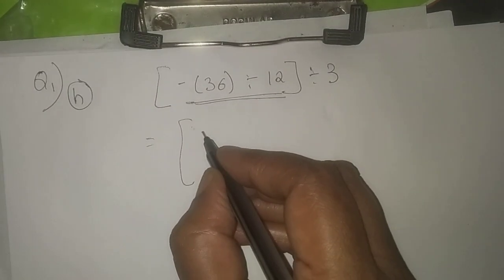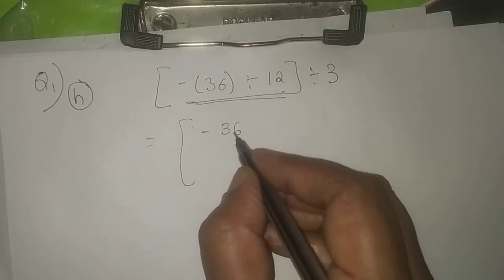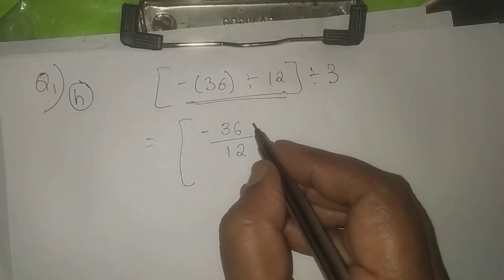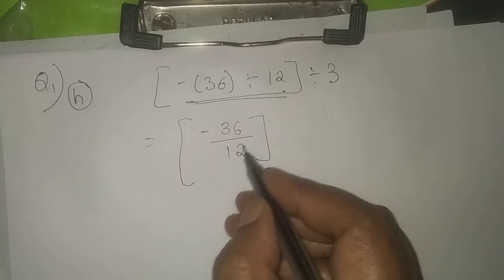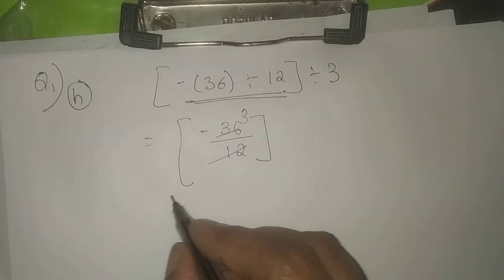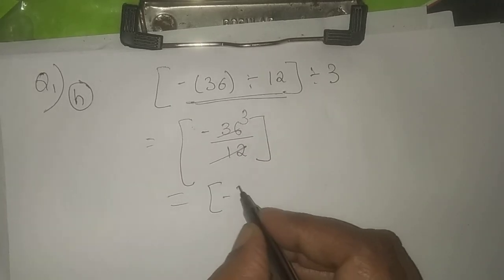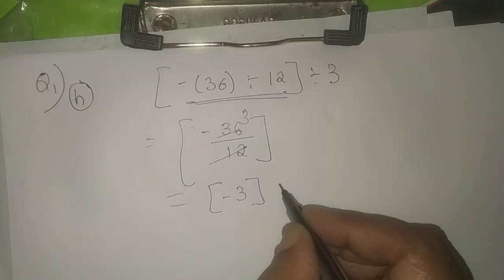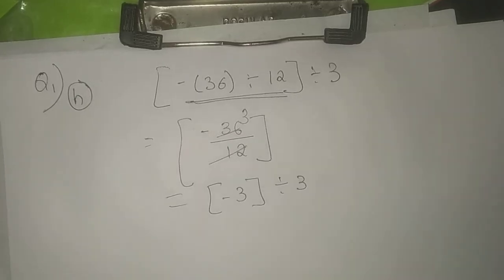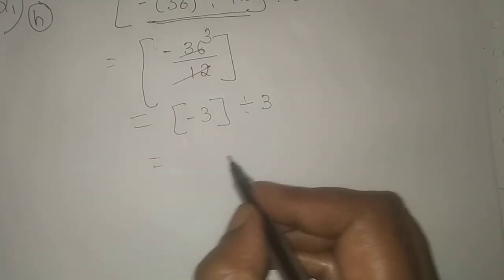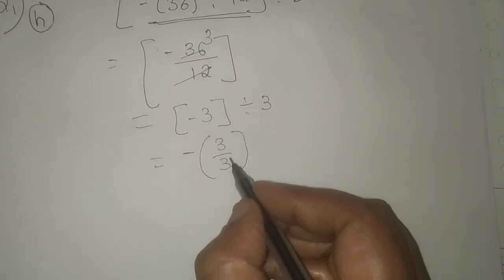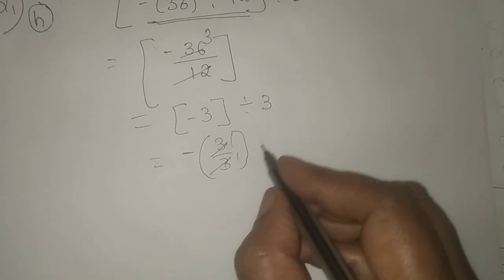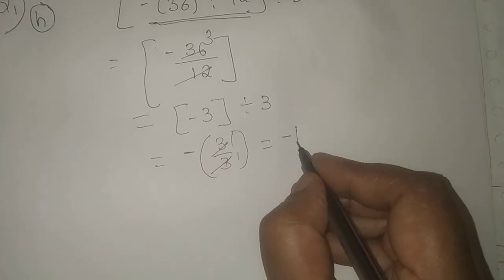So take this minus 36 by 12. 12 ones are 12, 12 threes are 36. Therefore minus 3 is the answer, divided by 3. So keep the minus outside. 3 by 3, 3 ones are 3. So minus 1 is the answer.